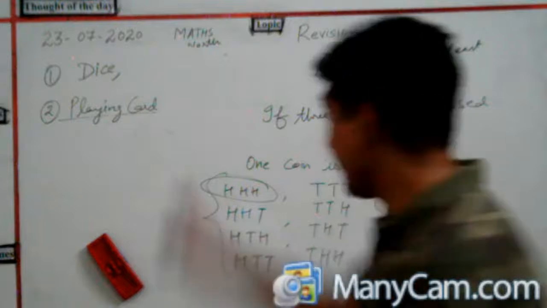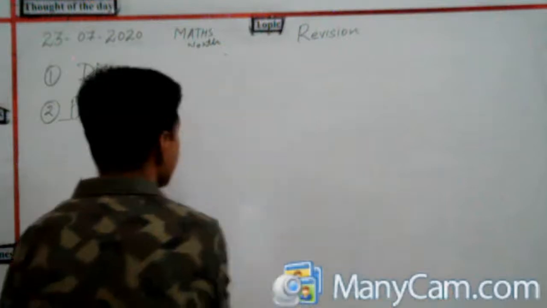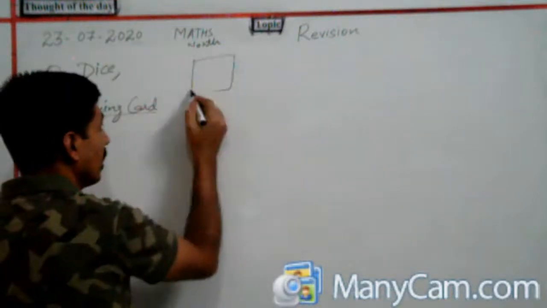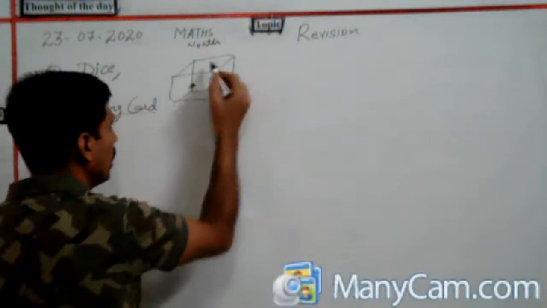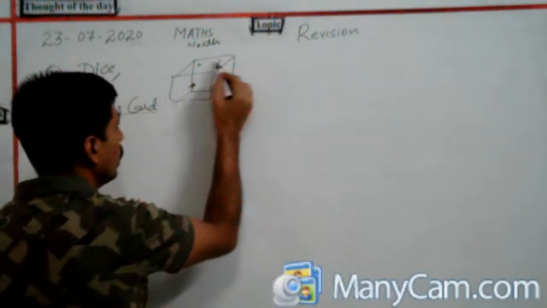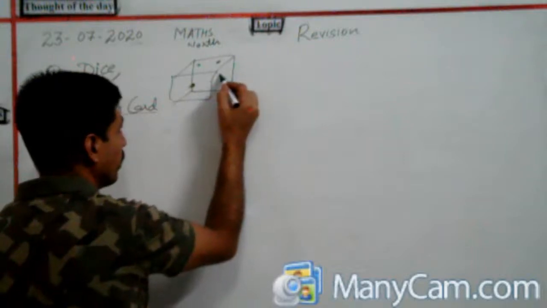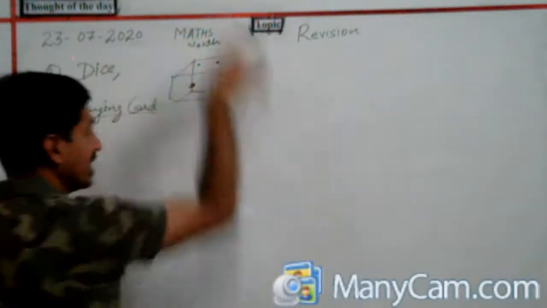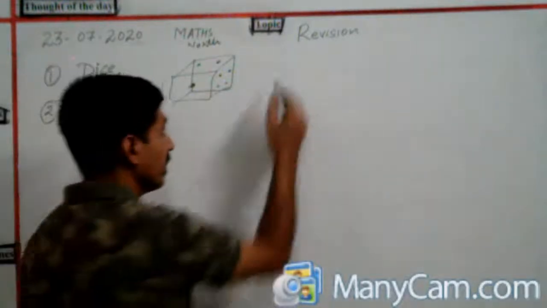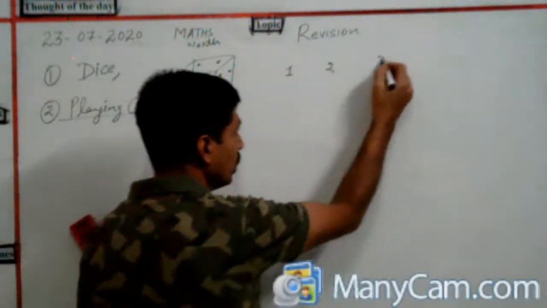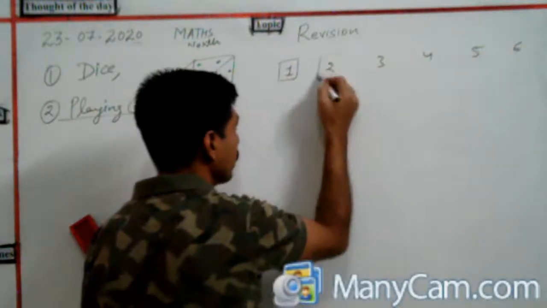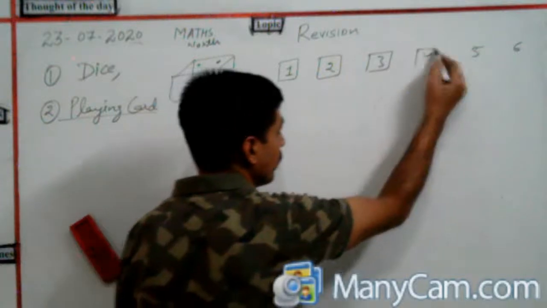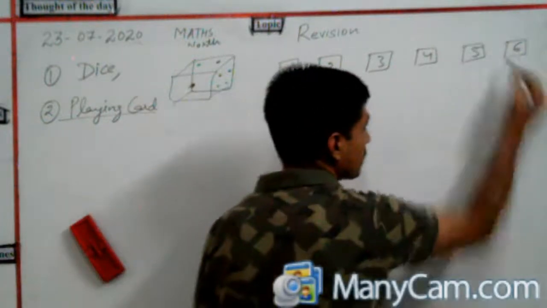So for dice first, a dice has 6 faces, and on all these 6 faces we have some numbers: 1, 2, 3, 4, 5 and 6.